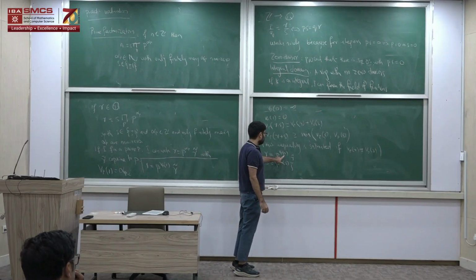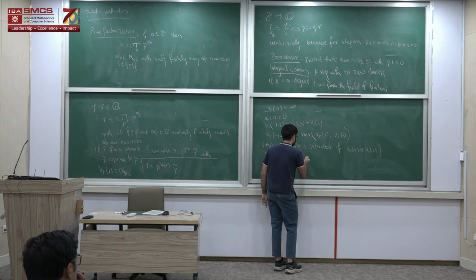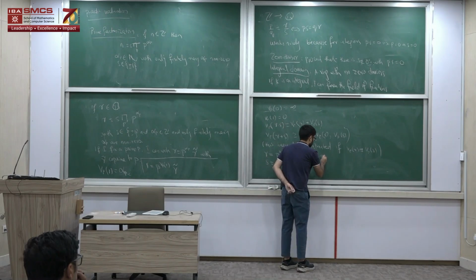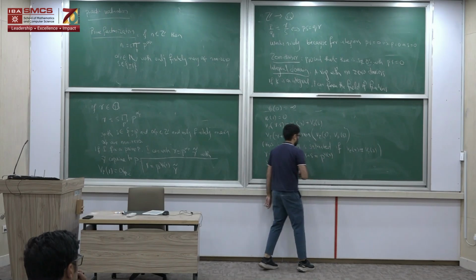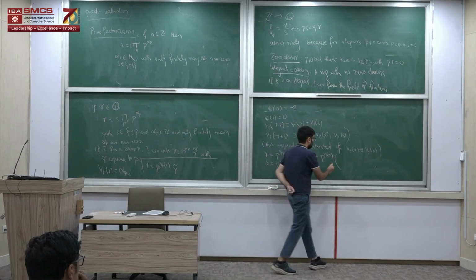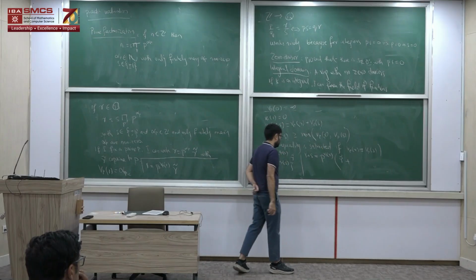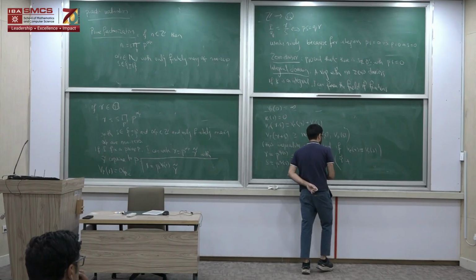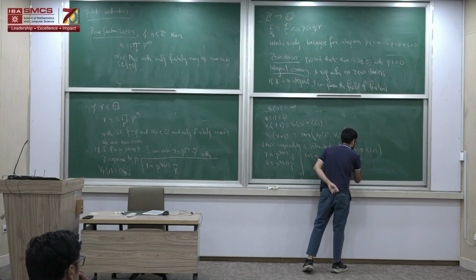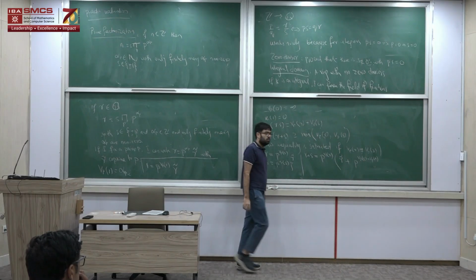And since this one is the smaller, I can write r plus s as p to the V_p of r times r tilde plus p to the V_p of s minus V_p of r times s tilde. This exponent is positive, or at least 0.